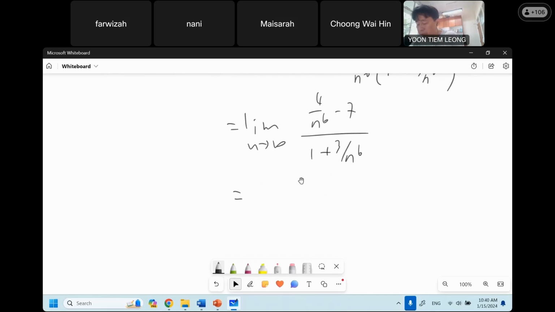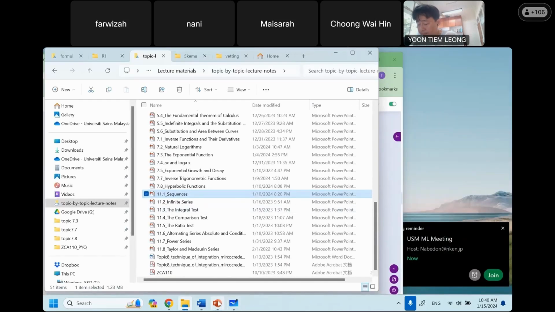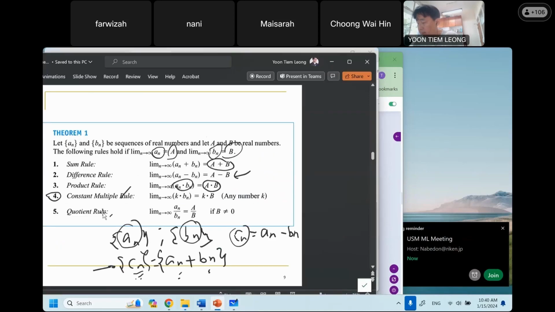So according to the theorem that we just mentioned, the quotient rule says if you have the ratio of two sequences, then this is what you get, a over b.